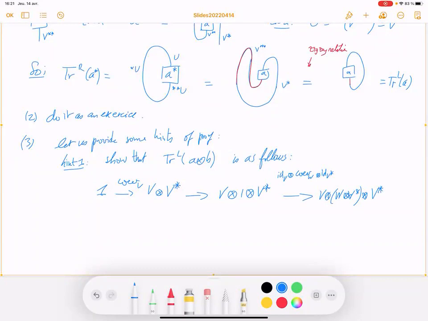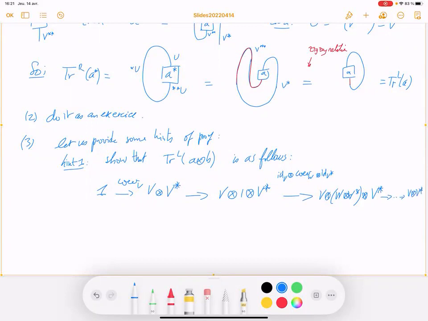etc. So you continue like that. Here you will make the left trace of, so you make etc., up to V tensor V star.